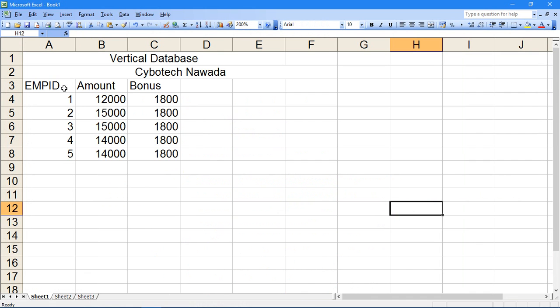Suppose here is a column roll. There are 5 or 7 or 8 or 9 or suppose 10 students. Each roll number is given. Here are the marks.